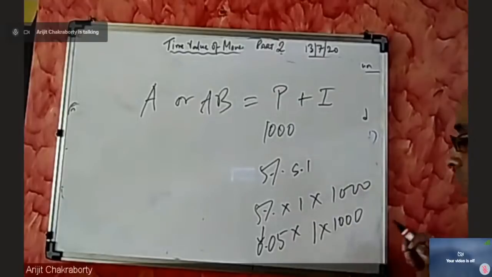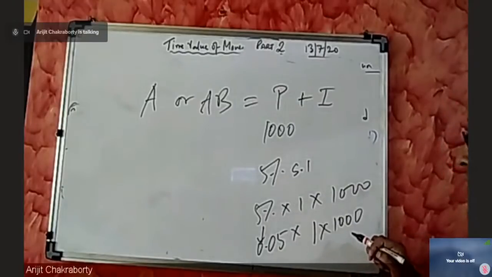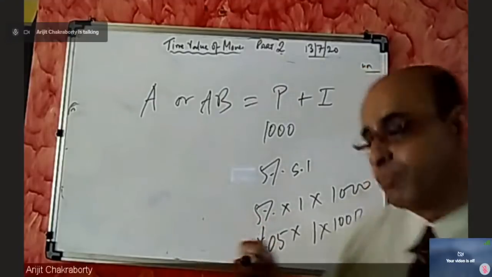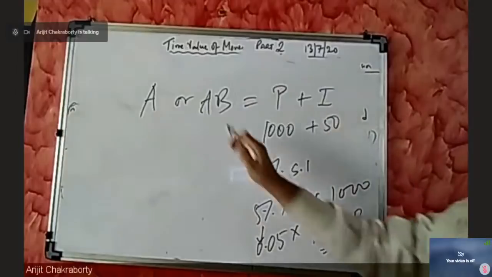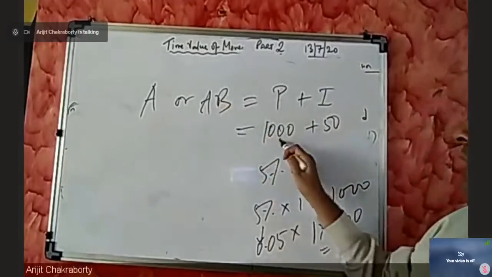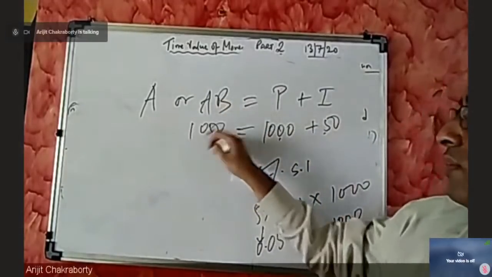This is equal to 50 rupees. 5% of 1,000 is 50 rupees. So my accumulated balance becomes 1,000 plus 50, that is 1050.